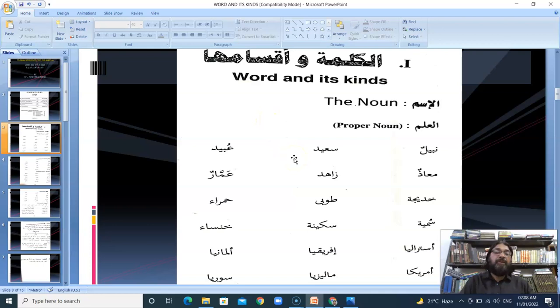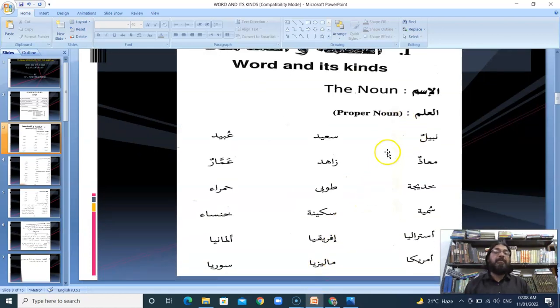So in the next pages, you will be taught about all kinds of kalima words. Here al-ism, the noun, and here al-alam, proper noun. So all these are proper nouns. Alam means flag.